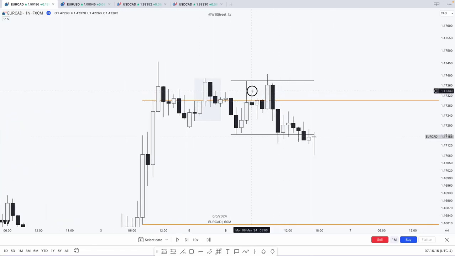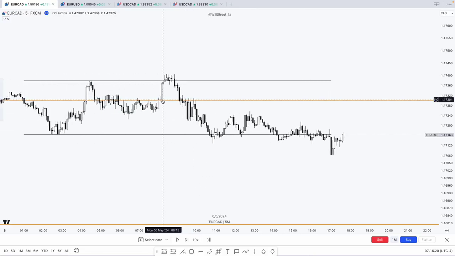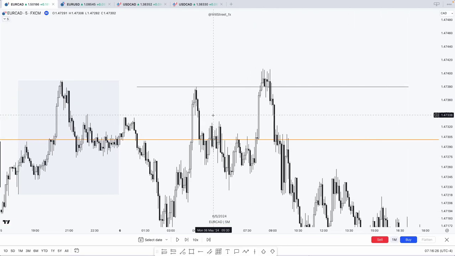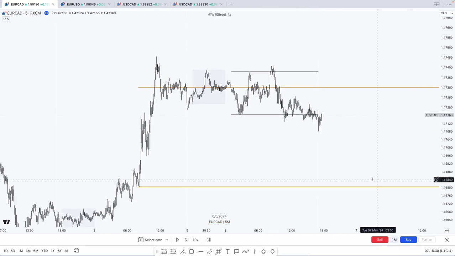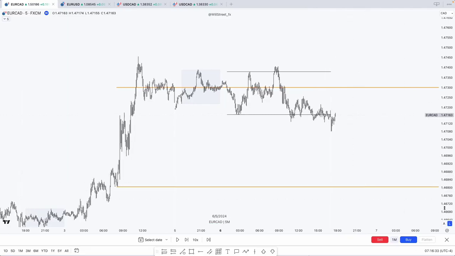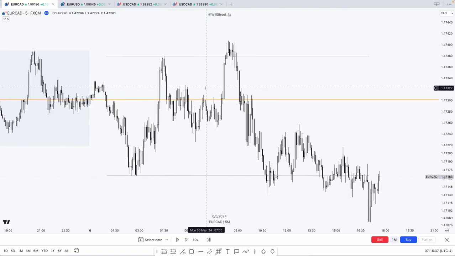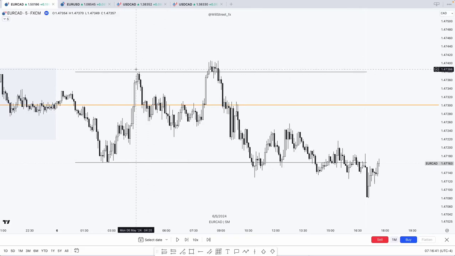So 8 AM, we had news, or no, we don't have news because it's 8:10. So the bias is really bearish, but we are at the upper range of the range on the left, right? So we expect what?